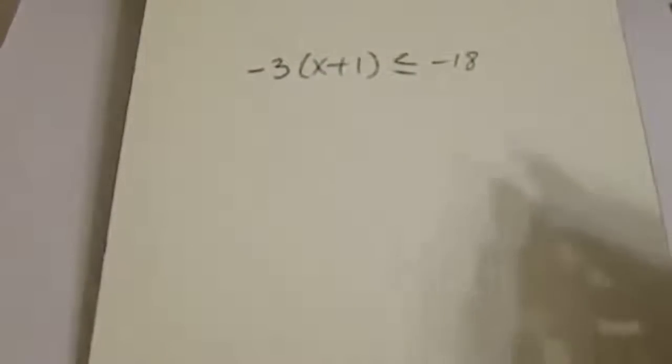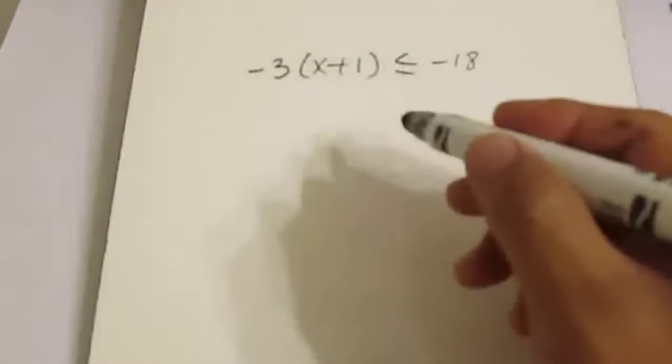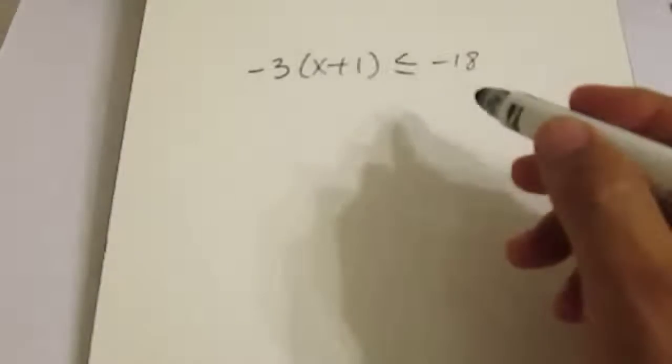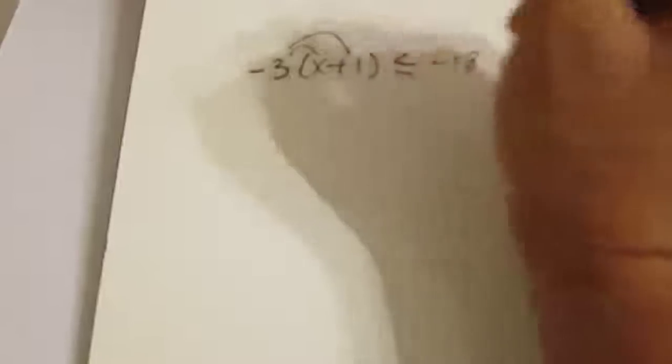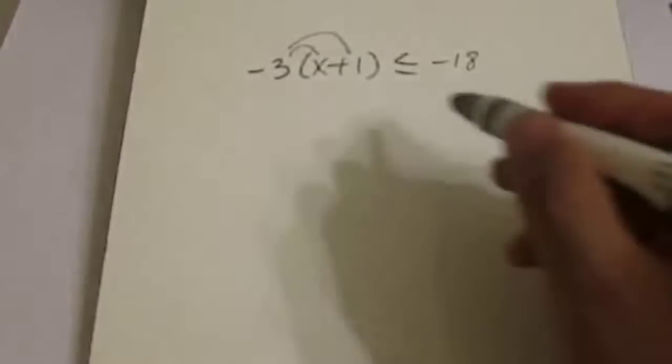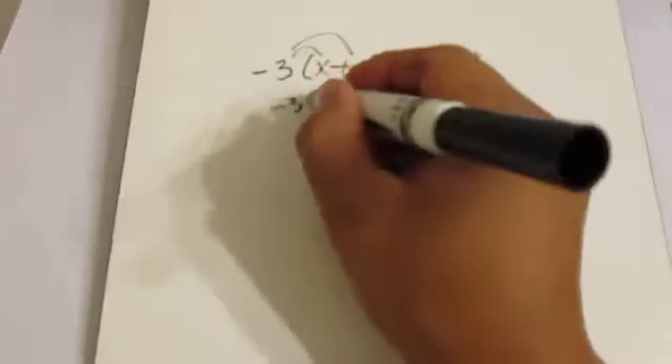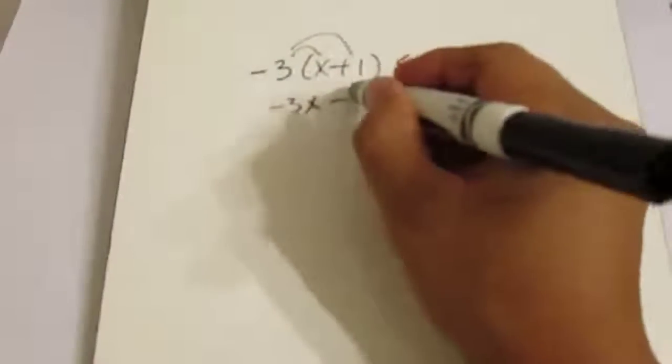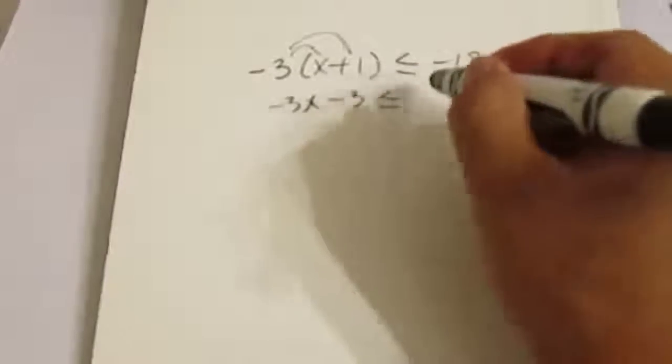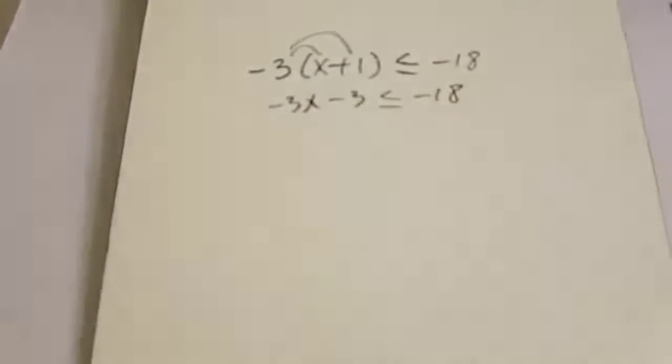You could distribute now, or I could just use the whole thing as 1. However, I'm going to go ahead and do the distribution first. So negative 3x minus 3 is less than or equal to negative 18.